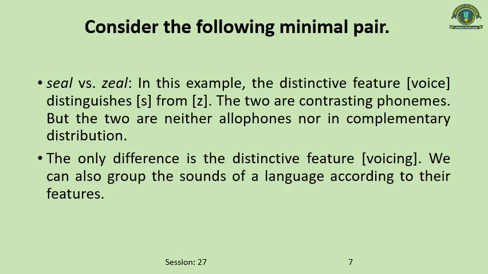Right? So that's why we can also group the sounds of a language according to their features. So features are very important. The feature of s is that it is voiceless. The feature of z is that it is vibrating, it is voiced. Are you getting my point?